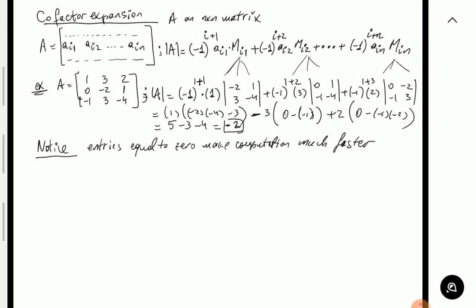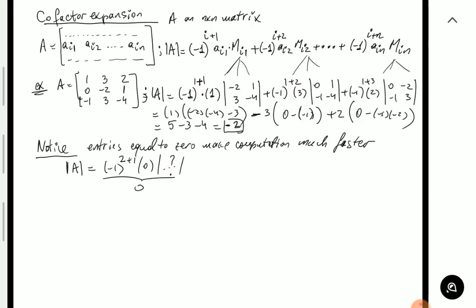Think about this. If I do the determinant by the second row, the first element in the cofactor expansion, minus 1 to the row 2, column 1, I don't have to actually compute it, right? Since the entry of the matrix is 0, I can just skip that part.